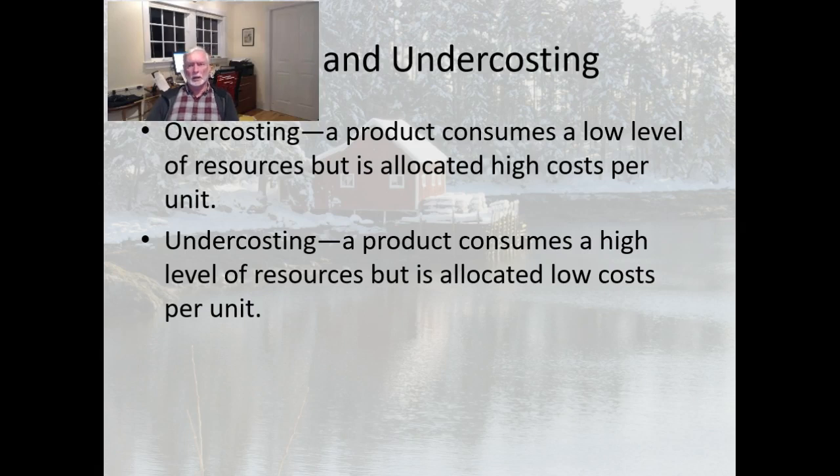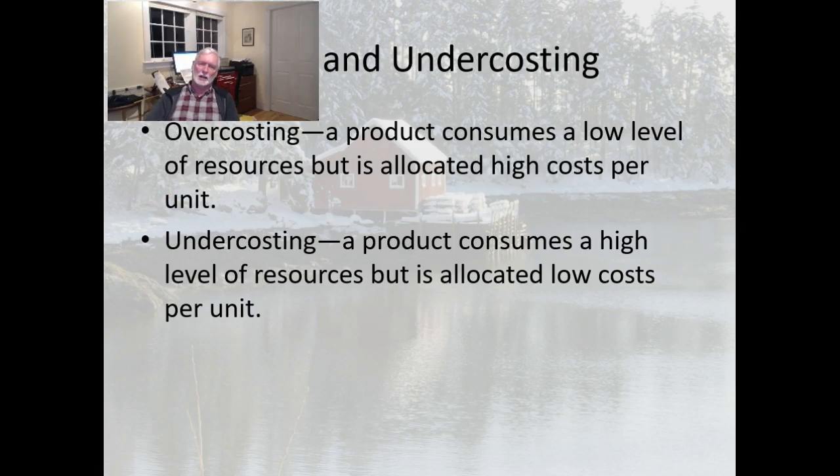So if you have an overcosted product, it doesn't use as many of the resources as we're charging to it, but those resources are allocated to it, and therefore you end up with an idea that this product costs more than it actually does to produce. And the same happens with undercosting.